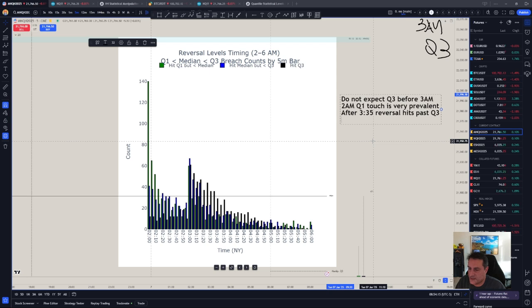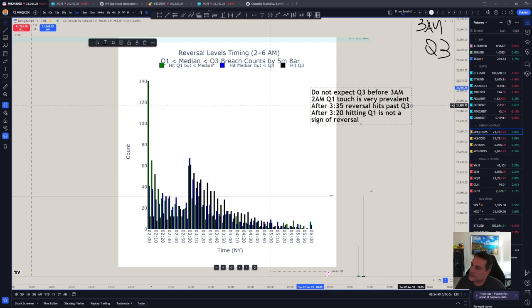So as we were saying, after 220, hitting Q1 is not a sign of reversal.